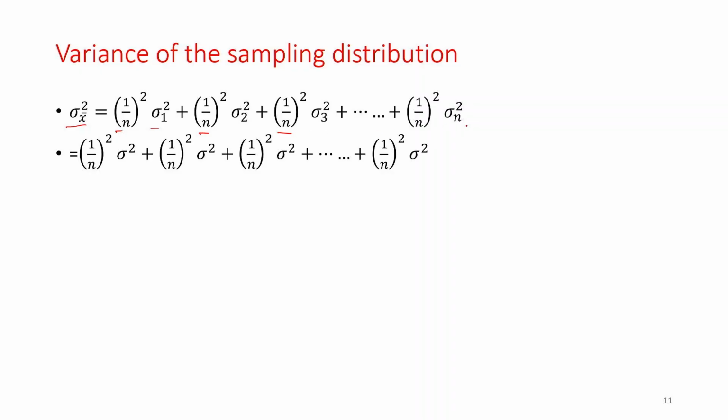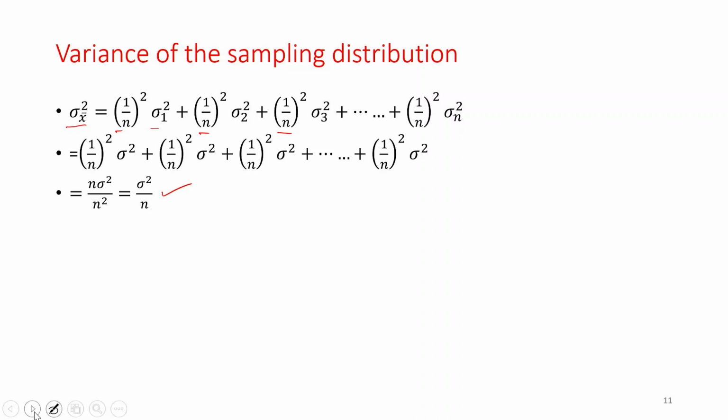Because all the samples drawn are coming from the same population, sigma 1, sigma 2, sigma 3 are all the same and equal to sigma. So here also, ultimately, sigma square x bar is going to be sigma squared by n.